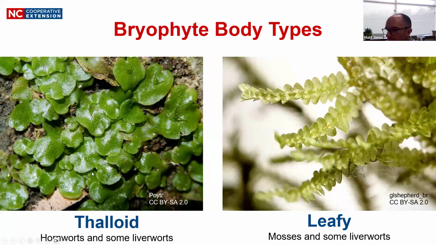All the hornworts are thalloid, and some liverworts have thalloid structures, depending on the species. Others have more conventional plant structures, or at least it appears so. They have more leafy structures, with little stem-like structures and little leaf-like structures. Because they don't have vessels, they're not considered true leaves, but the same idea applies. All the mosses have this more leafy habit, and some liverworts do as well.